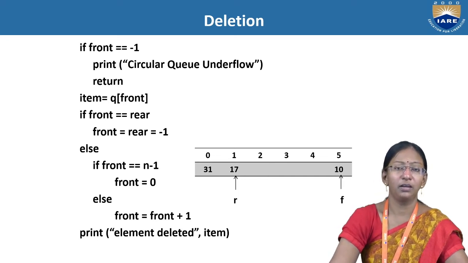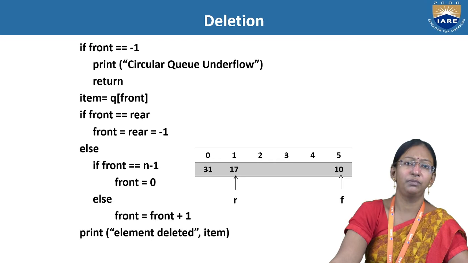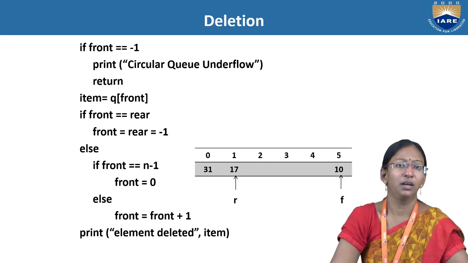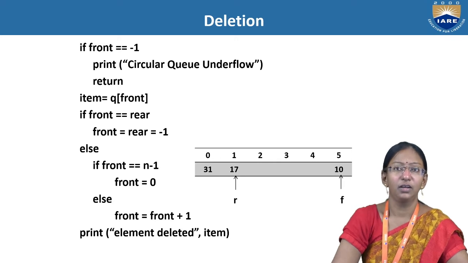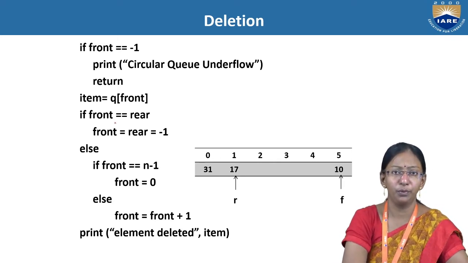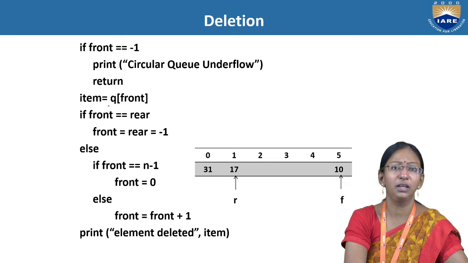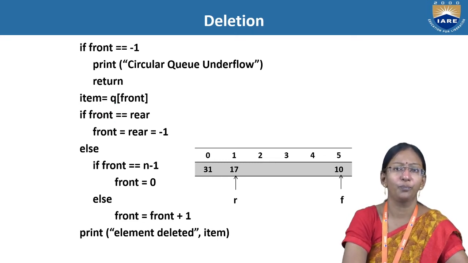So trying to remove something from an empty queue is an underflow condition. Underflow and return. So I just want to show which element I am going to remove. The element which we are going to remove will be at the front end, so I'm going to store it in the variable item. That's it. Okay, just to show, right?